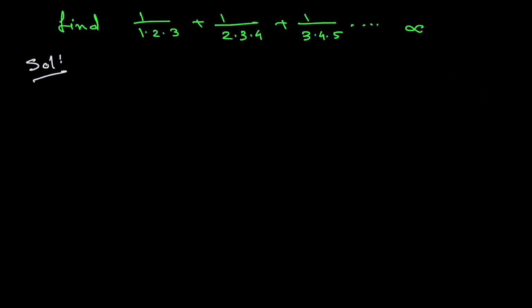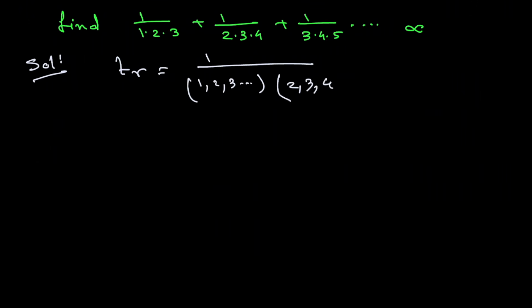Same as this, we have to find the TR. What is the rth term? This is the product of the three series: 1, 2, 3 into 2, 3, 4 into 3, 4, 5.